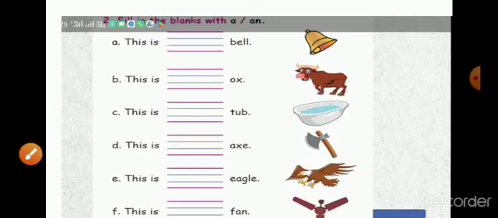Next one, fill in the blanks with a or an. What is the first picture? Bell. This is dash bell. B. What sound is coming? Consonant sound. So you write a. This is a bell.